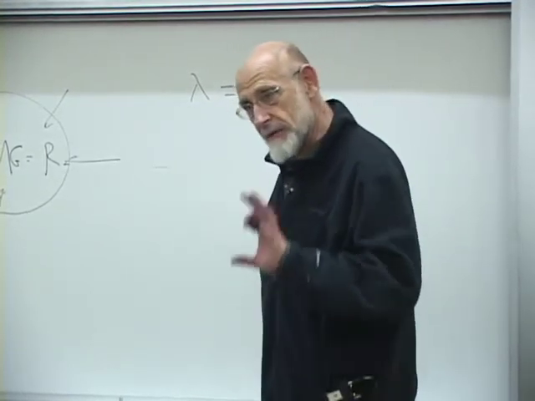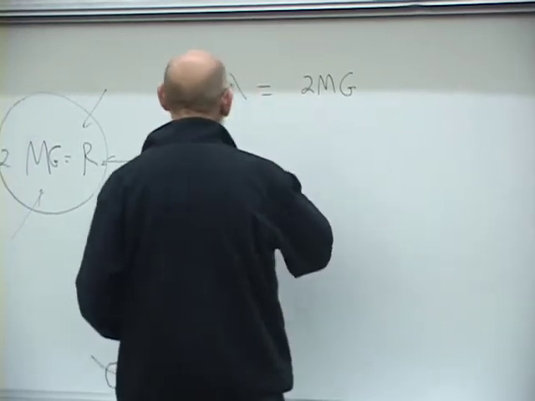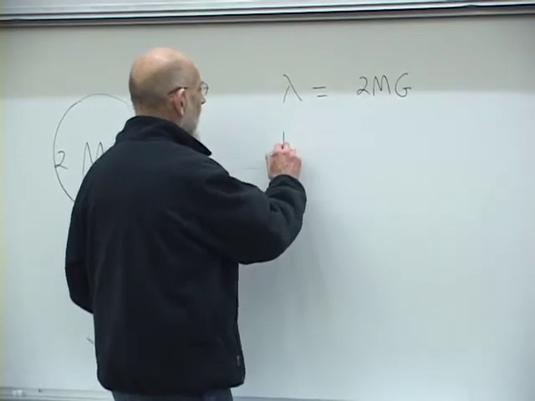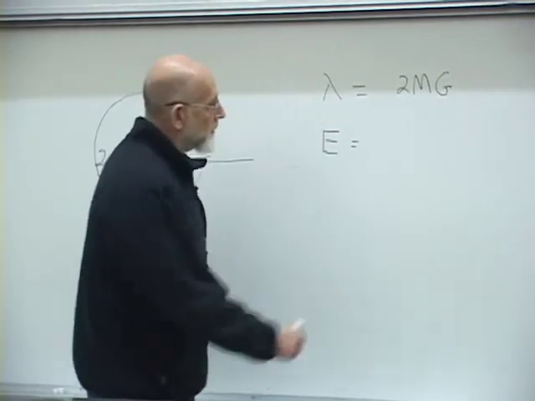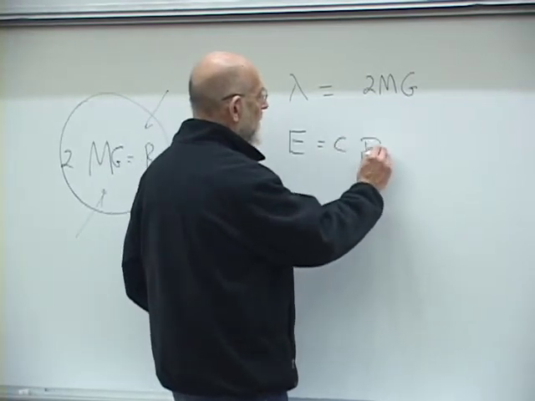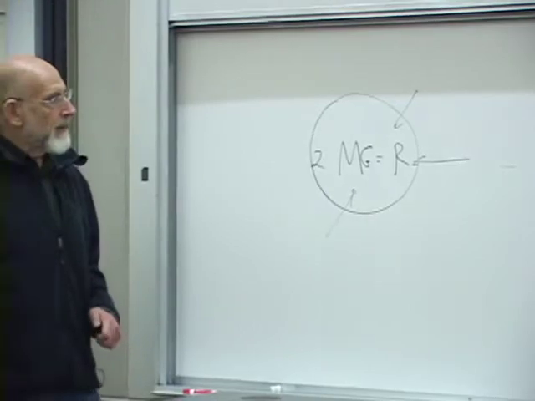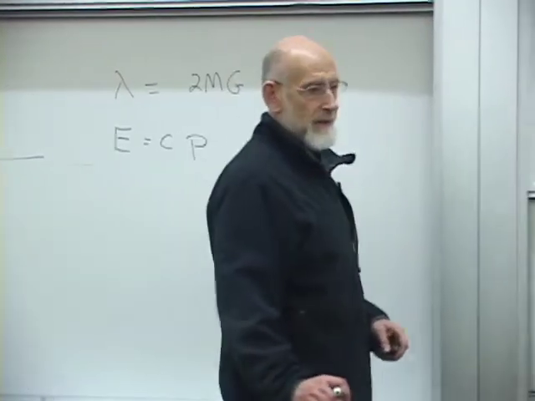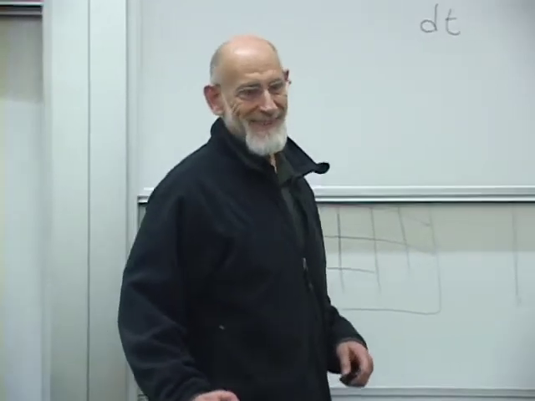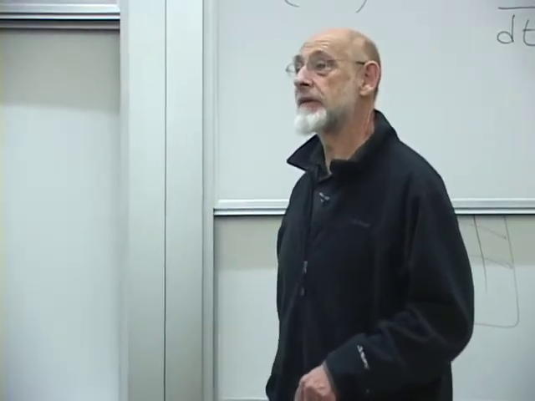All right, so we'll just write down a formula or two about energies of a photon. I'll write down just to remind you. The energy of a photon, or any light wave, is equal to the speed of light times its momentum, where p is the momentum of the photon. Now, what's the connection between momentum and wavelength? Anybody remember? H bar over lambda.